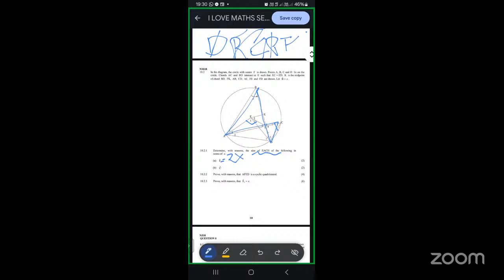I can see it's up, but I'm still trying to find the reason for my answer. Okay, what did you get for that angle C? I think angle C is equal to 180 minus x.